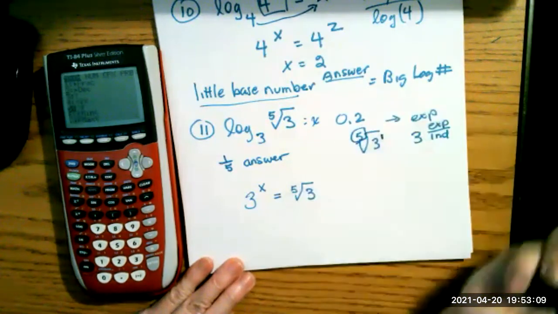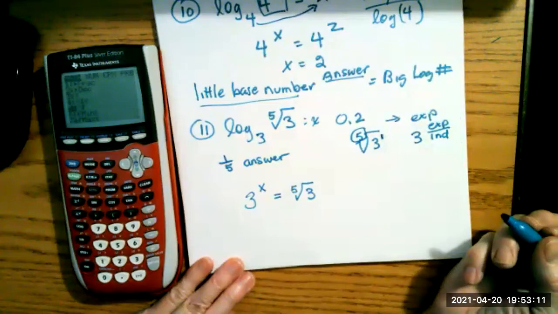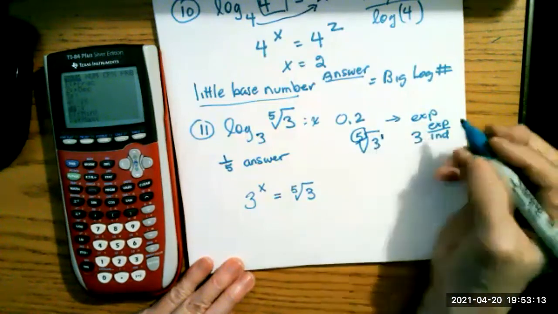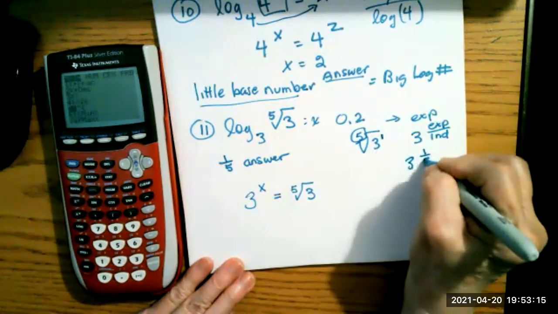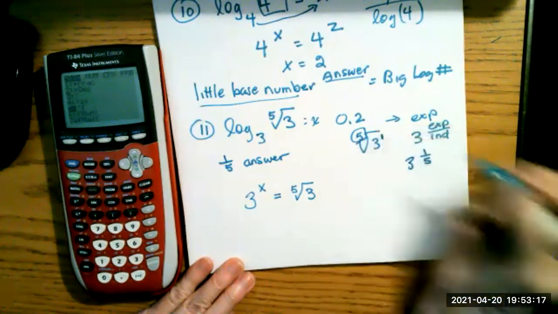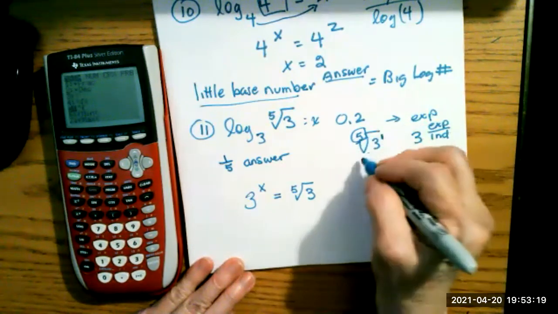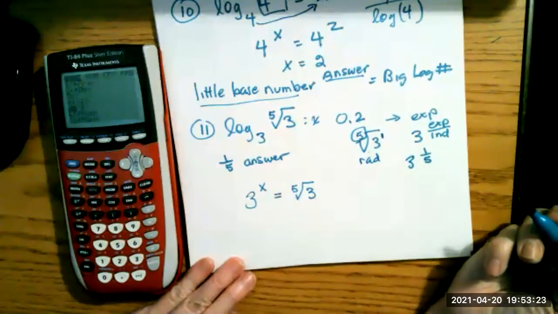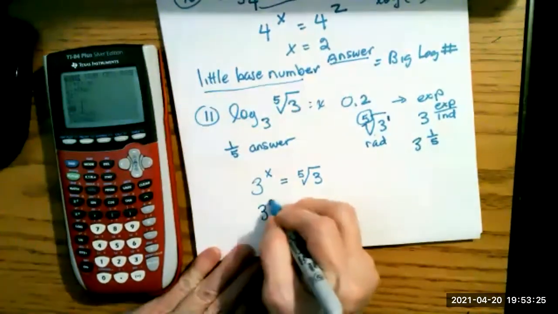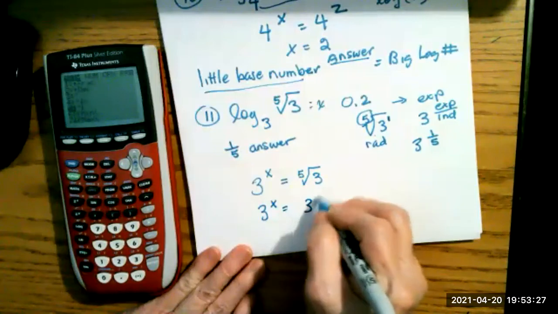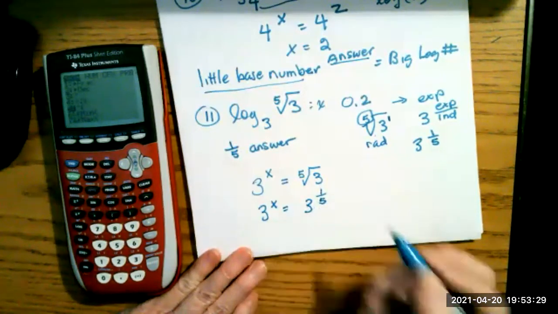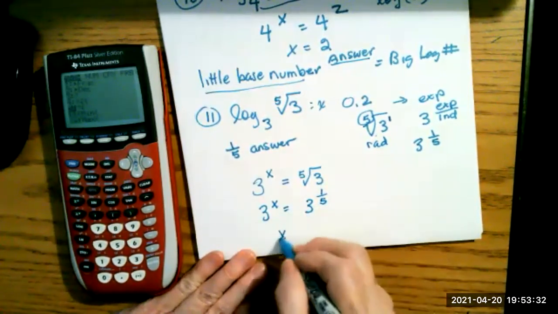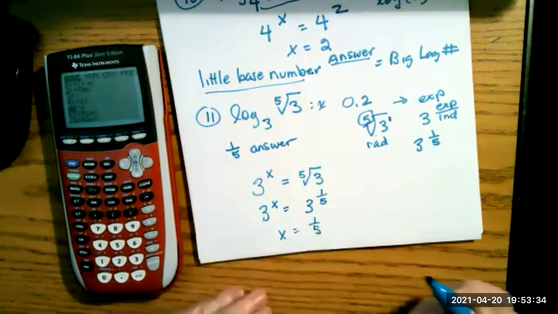This is called an index number. So 3 to the 1/5, that would be exponent over index number, is the way you change this from radical form to exponential form, 3 to the 1/5. So I would have 3 to the x equals 3 to the 1/5. Now the 3's are the same, so x is 1/5.